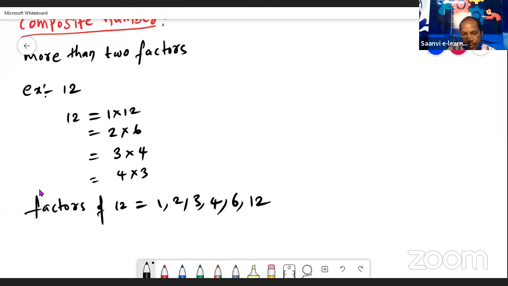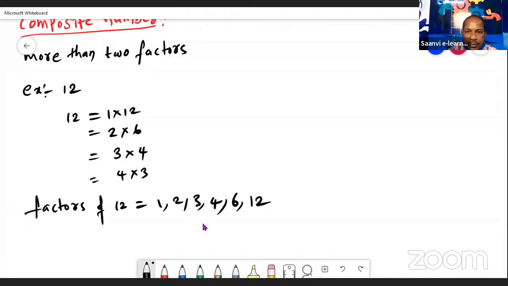It means here, how many factors are there for this number 12? More than 2 factors are there. So like this, if a number has more than 2 factors, that number is called composite number. Did you understand?